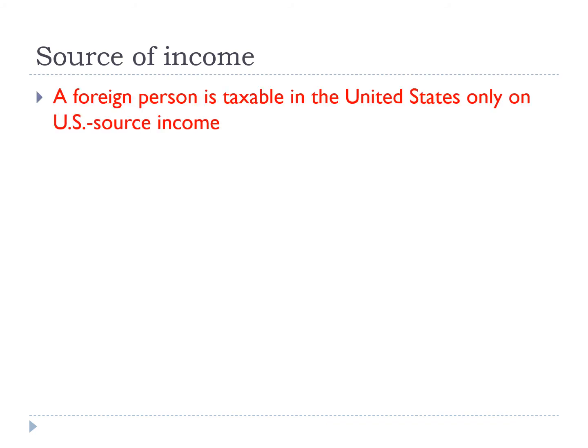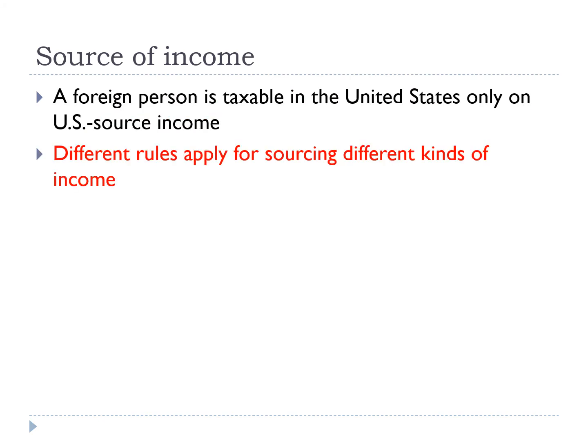Under U.S. domestic tax law, the U.S. taxes a foreign person only on income that has its source in the United States. There are exceptions to this rule, among them tax treaty rules, which do not rely on U.S. sourcing rules. Different sourcing rules apply to different types of income.